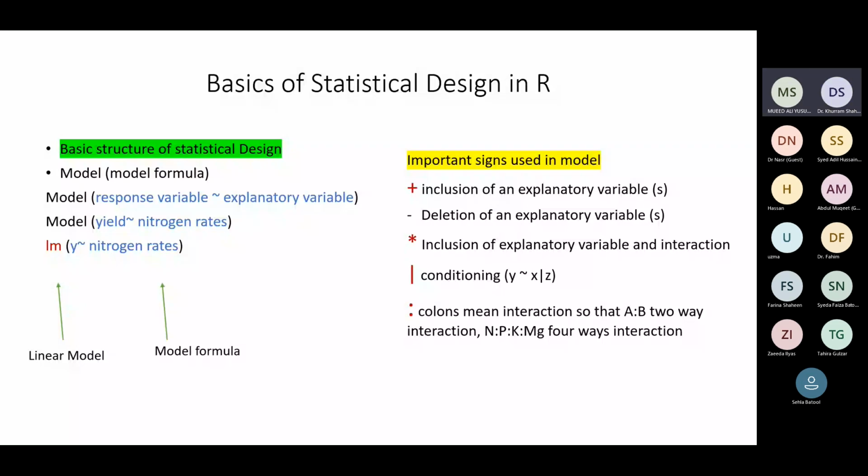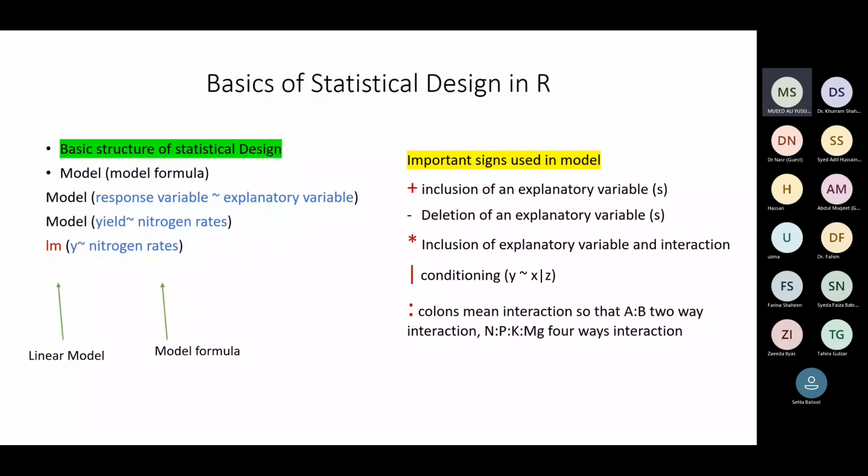For example, here we have the response variables and explanatory variables. In this case, the linear model is the model, and the model formula is the yield and the nitrogen interaction, the nitrogen rate.